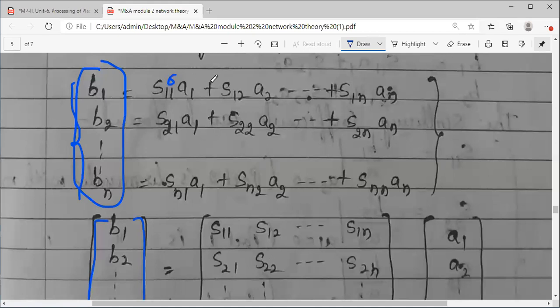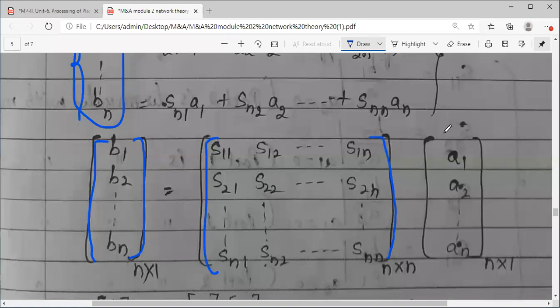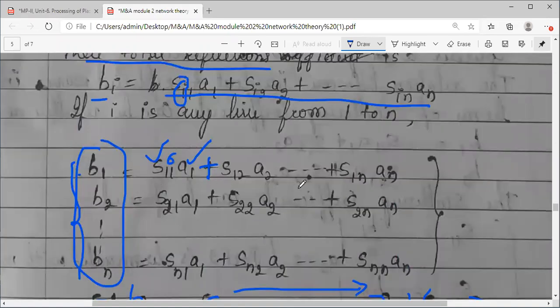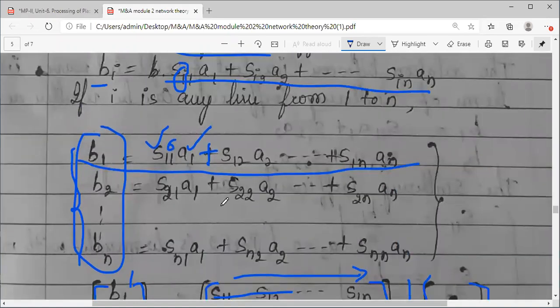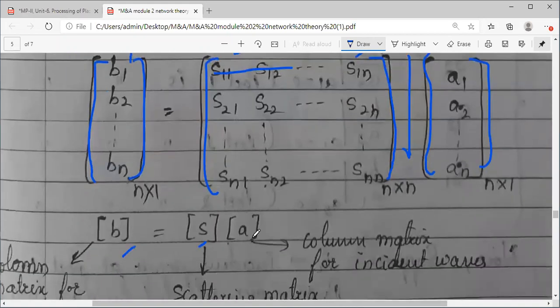We have a product here, we have a sum here, so two matrices can be multiplied: one is for S, where we collectively write all the S coefficients, and one more column matrix is A. If you multiply row and column, you will get the equation B1 equal to this. We will get these equations back if you expand these matrices. In general, B is equal to S into A. So we have seen this much.